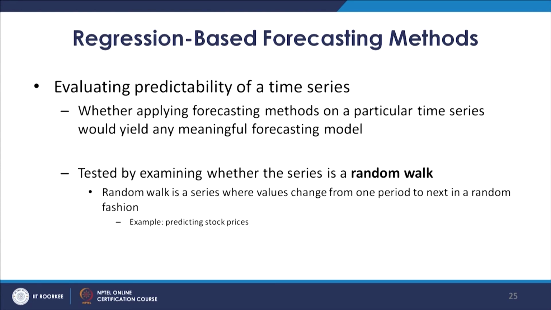This can be tested by examining whether the series is a random walk. So how do we do this? Let's first understand what a random walk is. A random walk is a series where values change from one period to the next in a random fashion. For example, predicting stock prices.